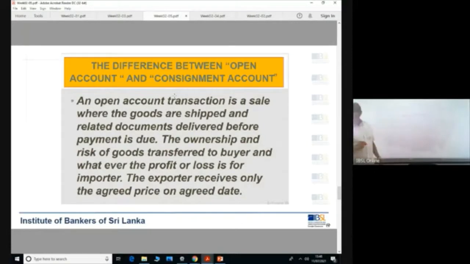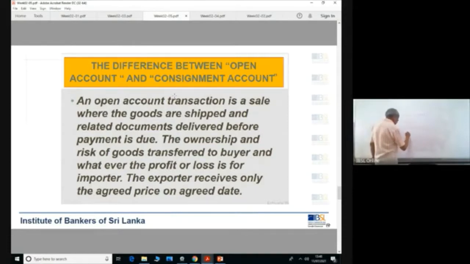They send the goods on open account. They sell and earn US dollars 125,000.